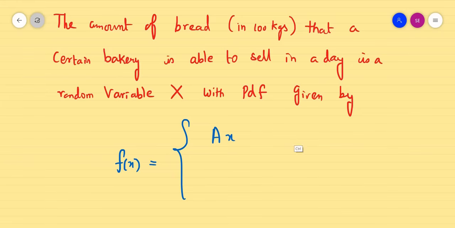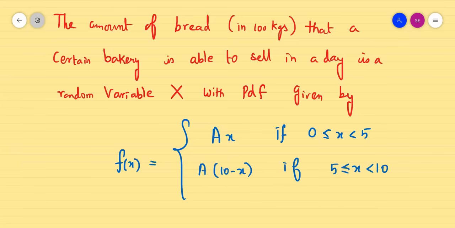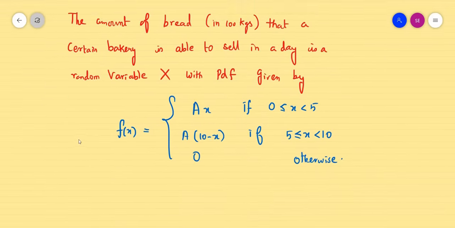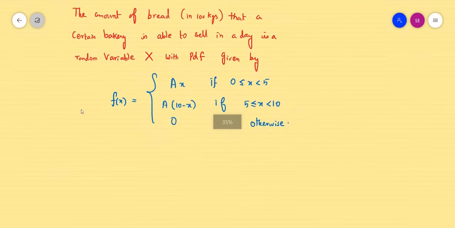Ax, so they are giving a split: Ax if 0 less than or equal to x less than 5, a into 10 minus x if 5 less than or equal to x less than 10, 0 otherwise. Okay, so the bakery is selling bread and they have given you the function.